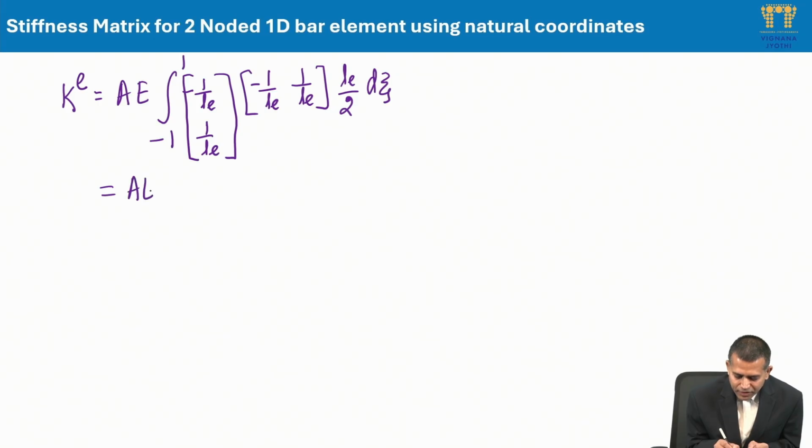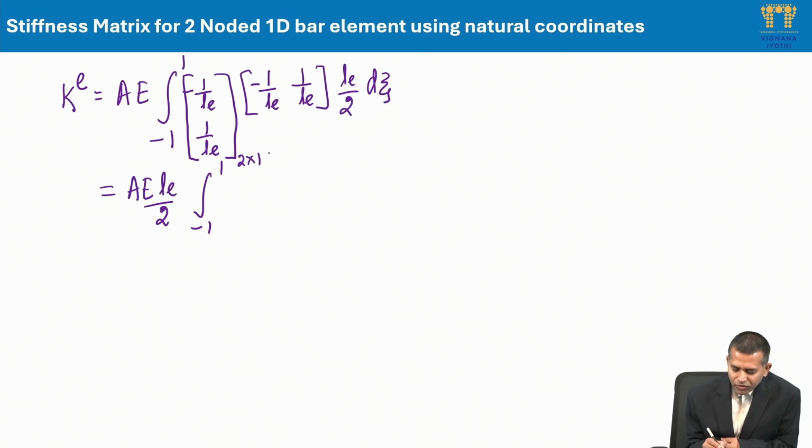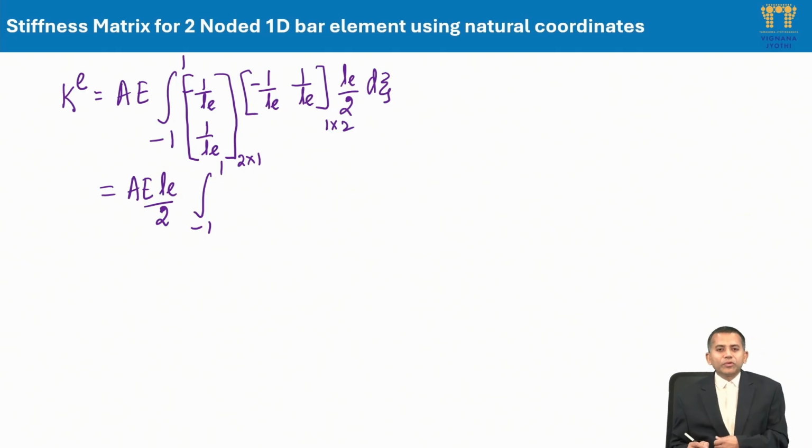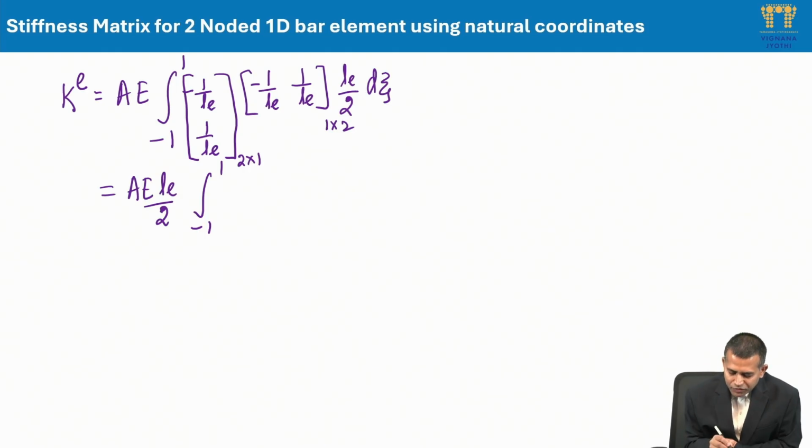So I can write AE into LE by 2 out, and the integral from minus 1 to 1. This matrix product is of the form of 2 rows and 1 column, which is 2 by 1, times 1 row and 2 columns, so you will get a 2 by 2 matrix. Minus 1 by LE multiplied with minus 1 by LE gives 1 by LE square.